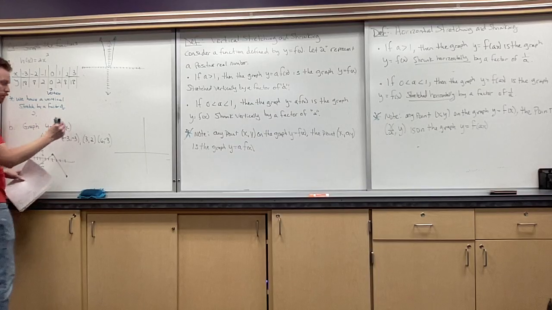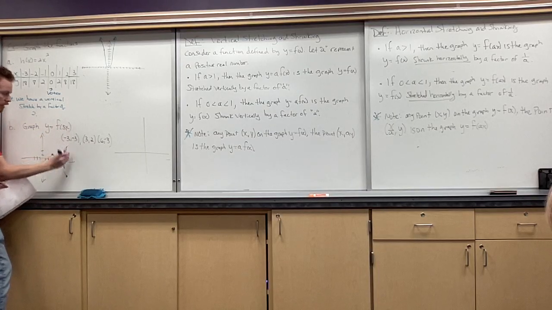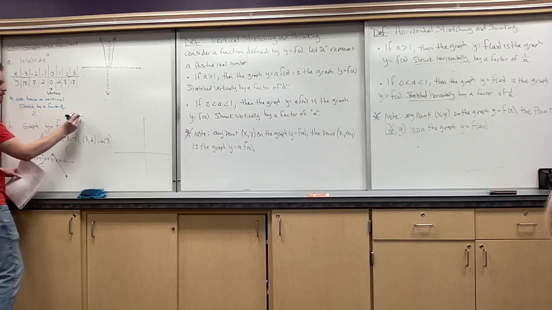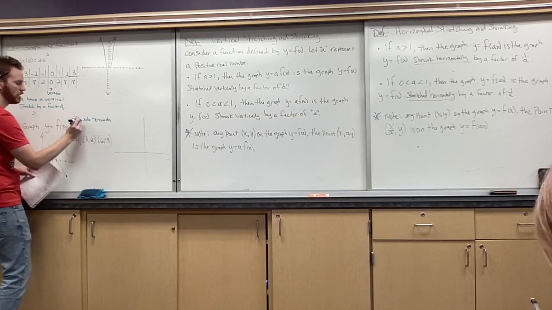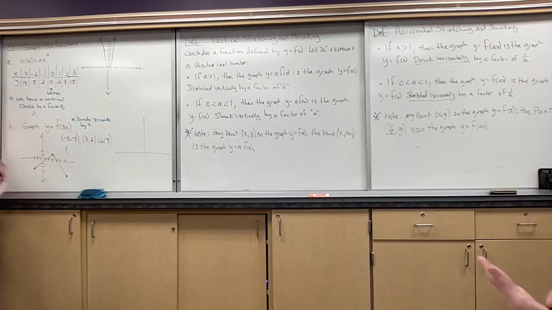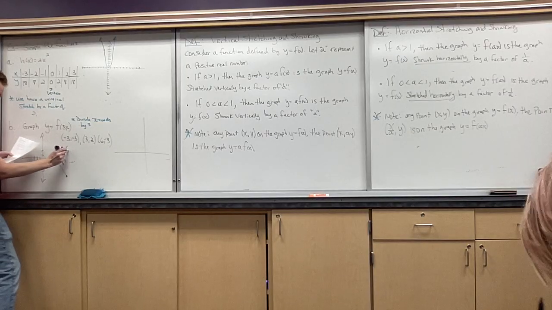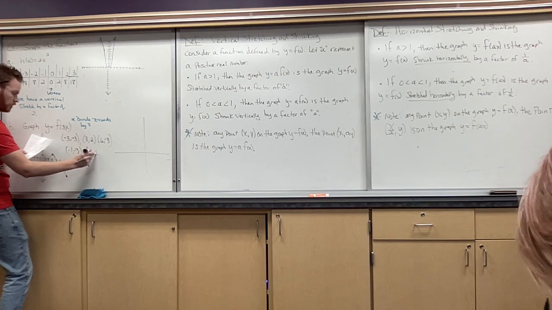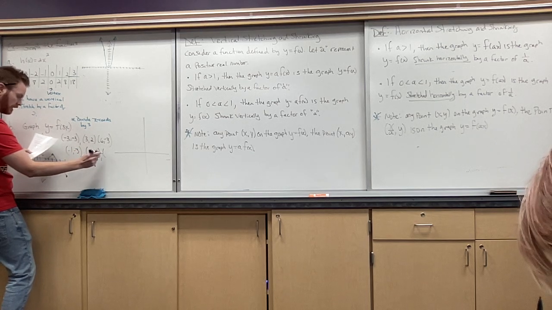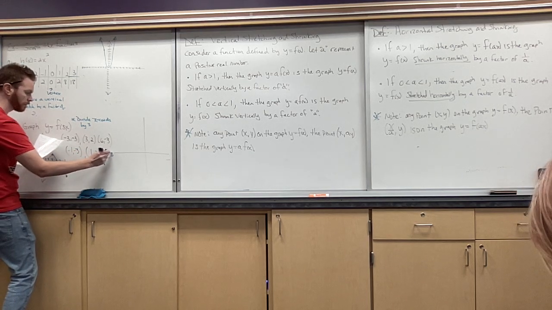So my new points, I'll put underneath it. We're going to divide the x coordinates by 3, okay? So this will give us (-1, -3). The next point would be (1, 2), and then the last point would be (2, -3).